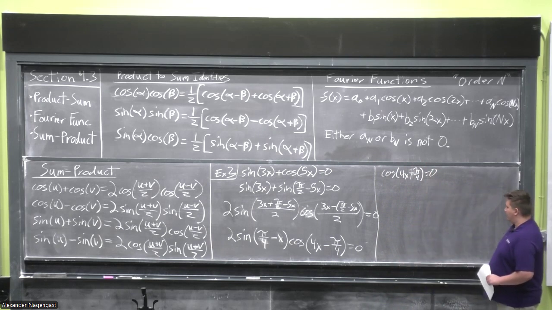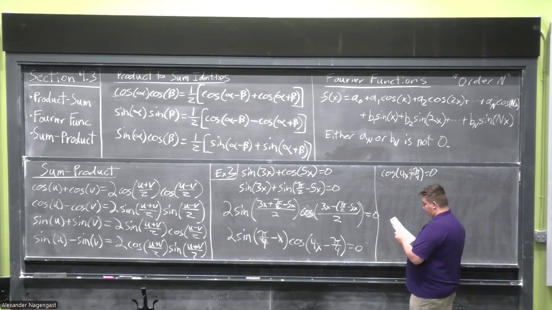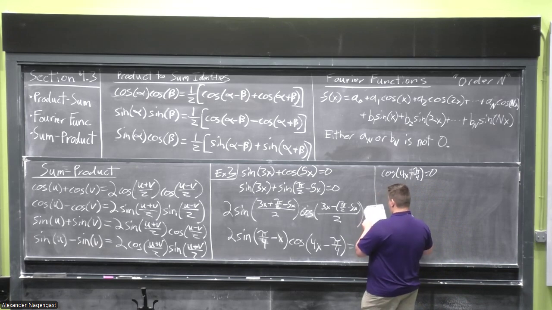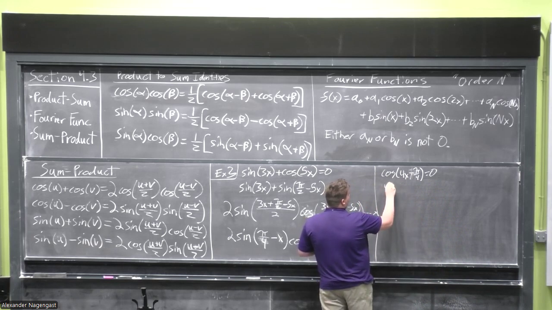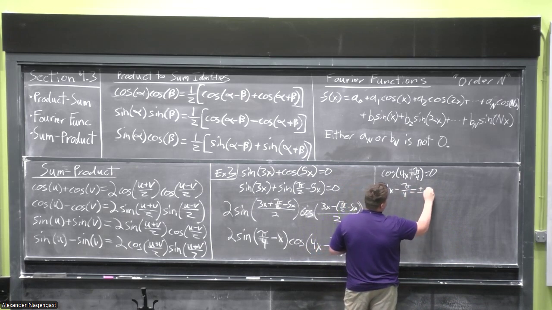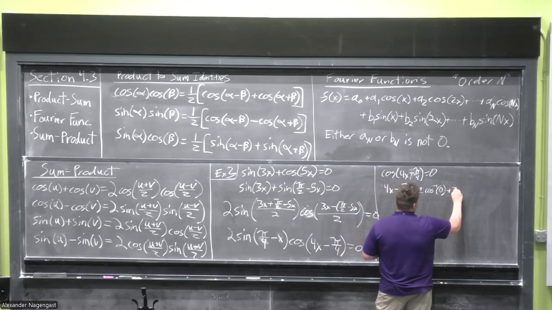And when we try to solve this, we take the cosine inverse, and so we'll have 4x minus pi over 4 is equal to plus or minus cosine inverse of 0 plus 2 pi n.